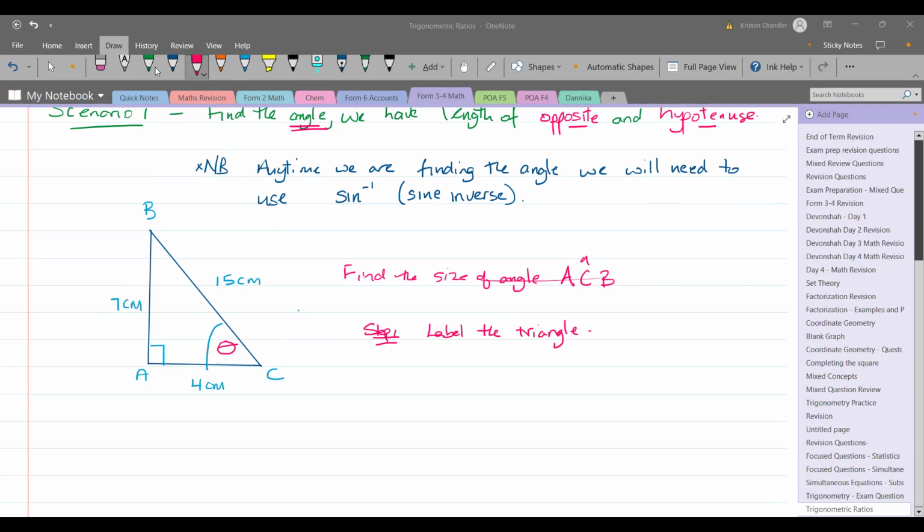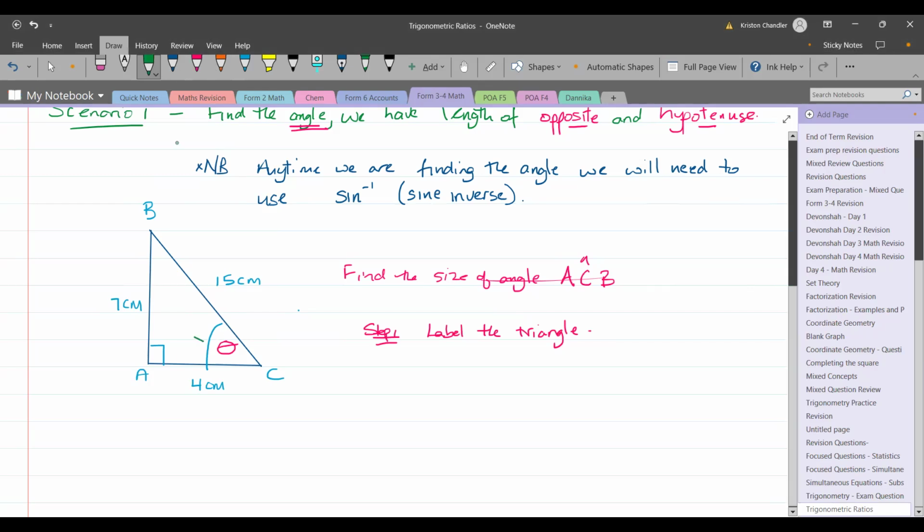The line away from this acute angle that we're trying to find, angle ACB, if we draw an arrow away from it, the side that is opposite it is our opposite. If we draw an arrow away from our 90-degree angle, the side that's opposite the 90-degree angle is called the hypotenuse. And then that would leave the bottom line here that is next to the angle being our adjacent. So we identify the different sides in a triangle.